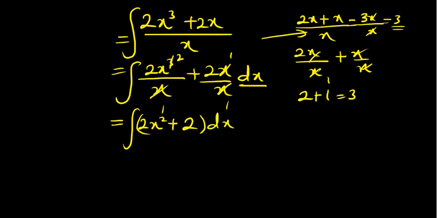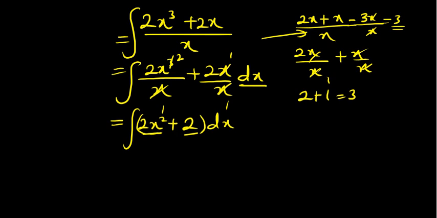Now let's integrate 2x squared and 2. For you to integrate 2, you know that differentiation of a constant is 0, right? But in integration, the integration of a constant is not 0.